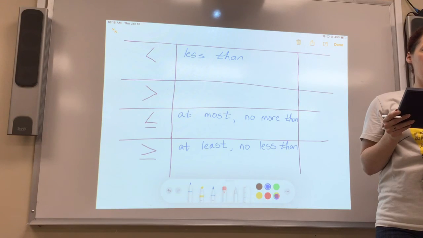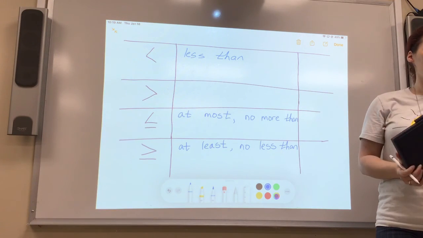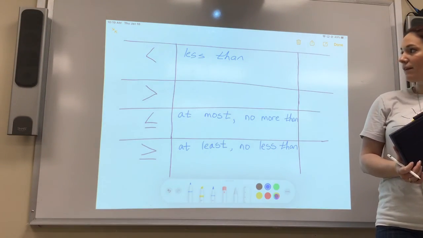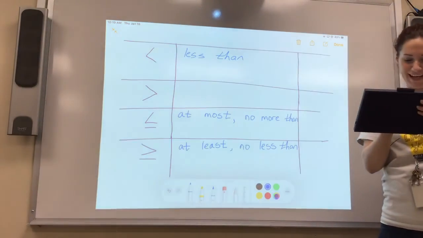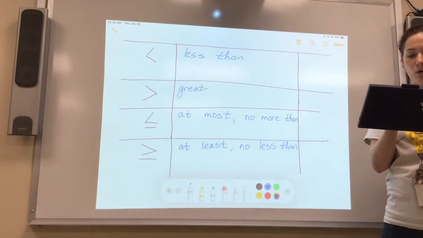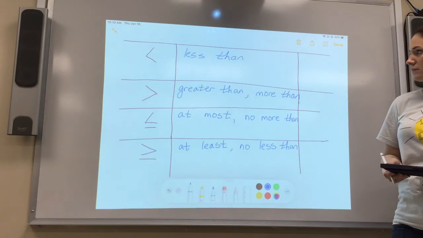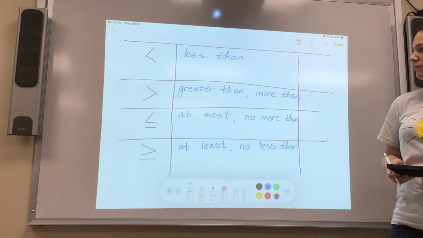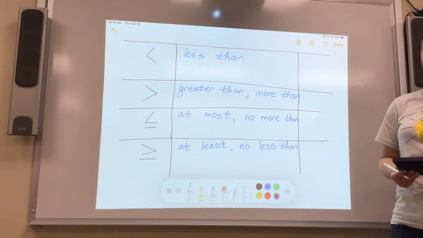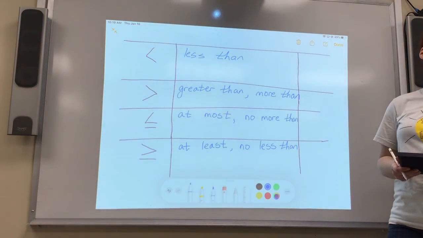For the second one, greater than, or more than, yep. Really, I think those are the most common words. Not that you won't see other things, but these are generally what you'll see.